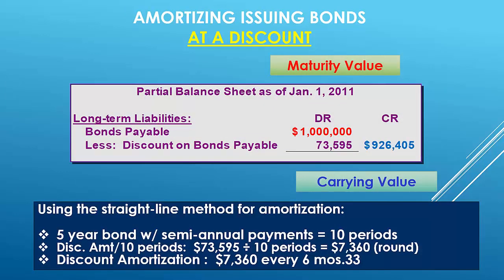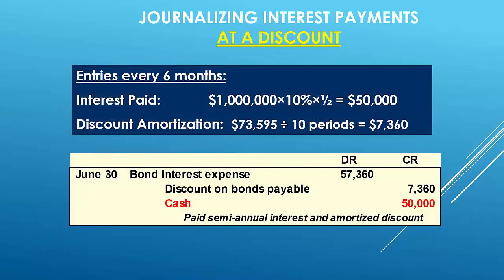Okay, if I amortize that amount, then every single time I make an interest payment on that, I'm still going to pay out $50,000 in cash to my bondholders. But in this case, I actually have a little bit more of an expense.